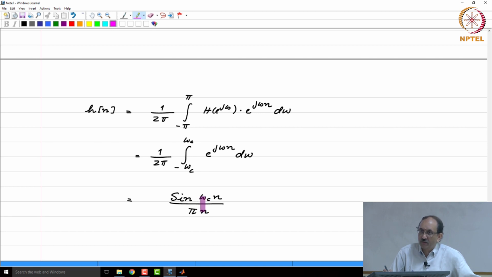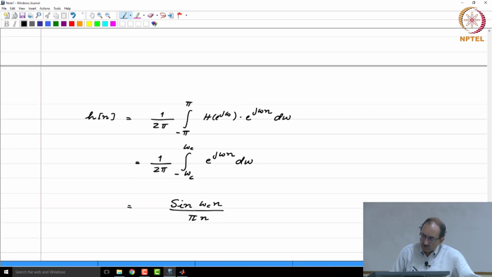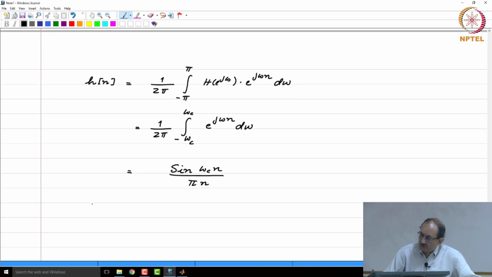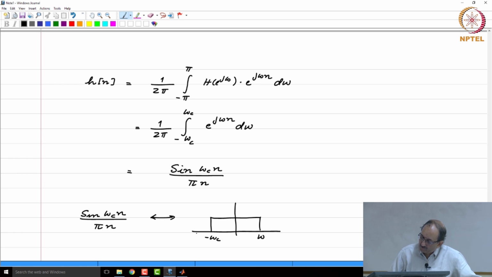In that context, we had seen this particular example, and we had also used this example in Parseval's relationship. So, this transform pair was just mentioned without proof, and now we are seeing the proof here. Therefore, sine omega c n by pi n is your ideal low pass filter with cutoff omega c.